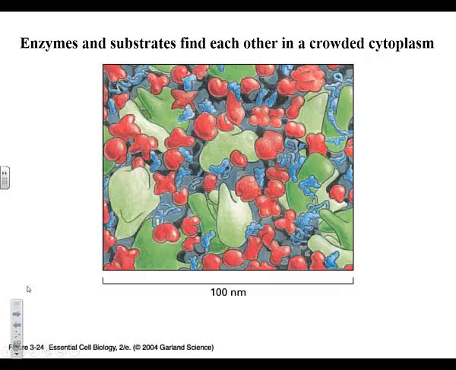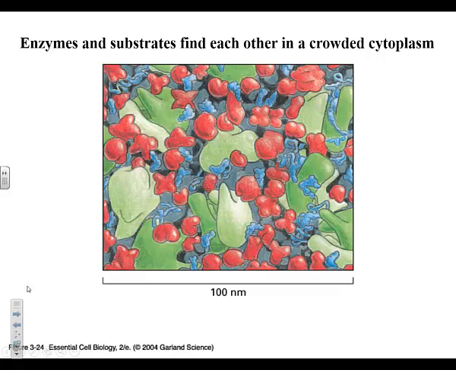There's no directional movement to proteins. The only directional movement in a cell would be along the cytoskeleton, things such as transport vesicles that move molecules from place to place within the cell.